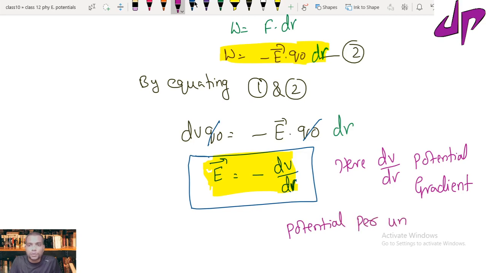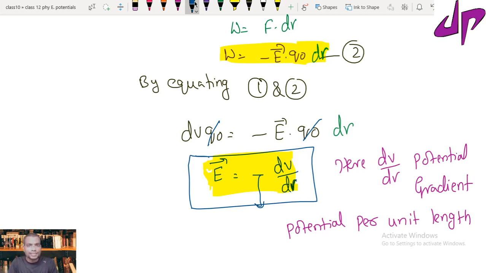So that we term as potential gradient. So what does the negative sign represent here? The negative sign represents that the direction of the electric field is in such a direction where the potential decreases.